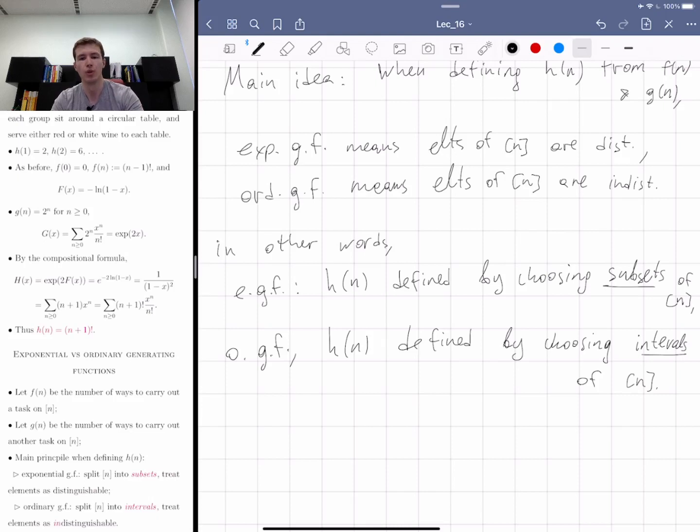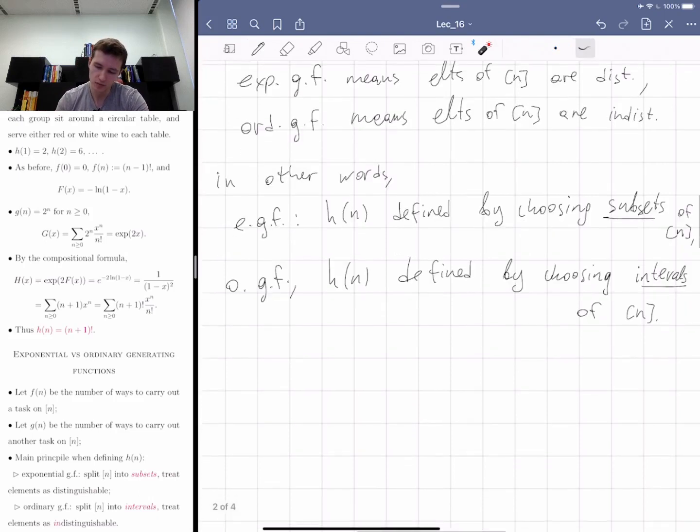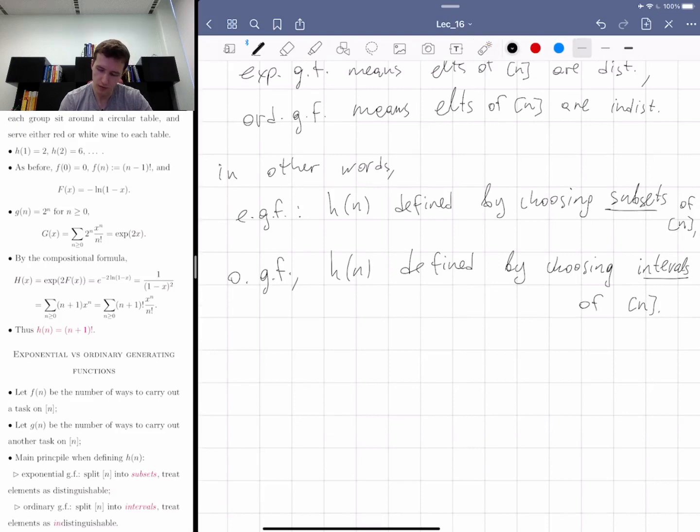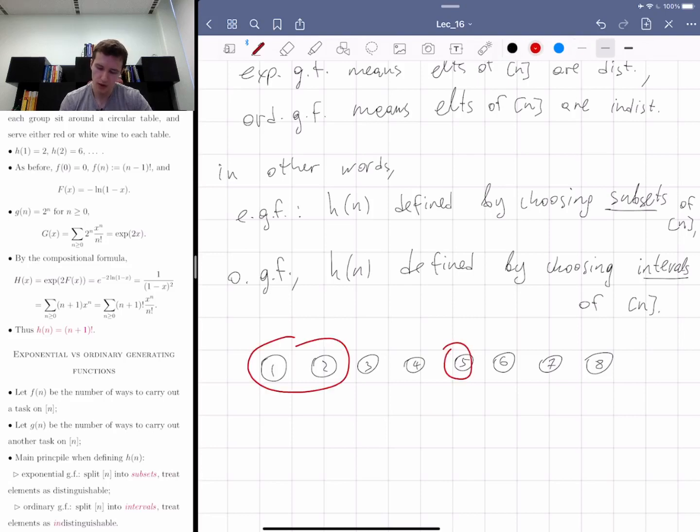The idea I have in mind is that if you represent bracket n by some collection of balls, 1, 2, and so on, if the balls are distinguishable, then when you choose a subset, maybe 1, 2, 5, and 8, it matters which balls you choose. So balls are distinguishable, then you choose a subset of balls for h.